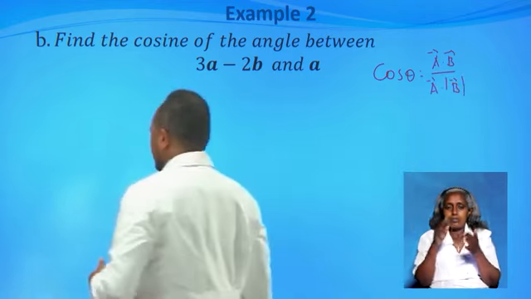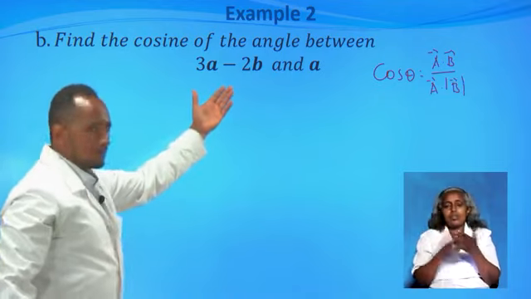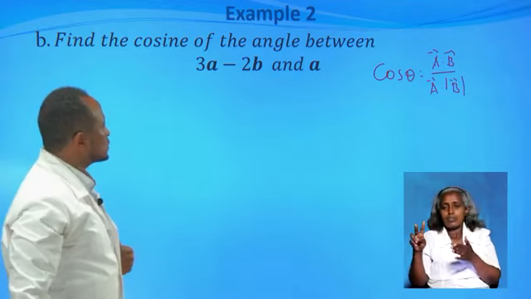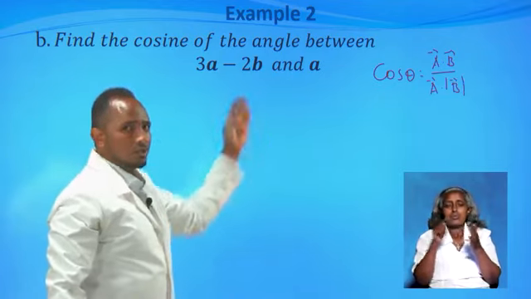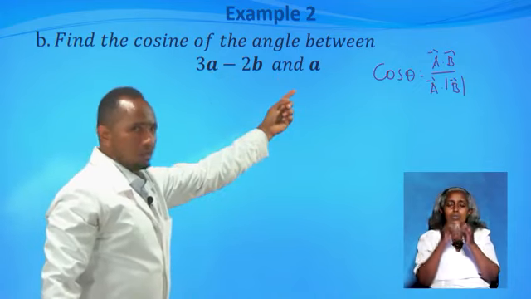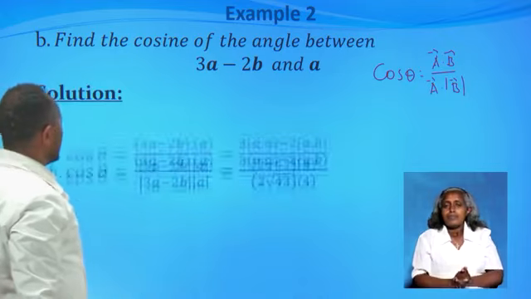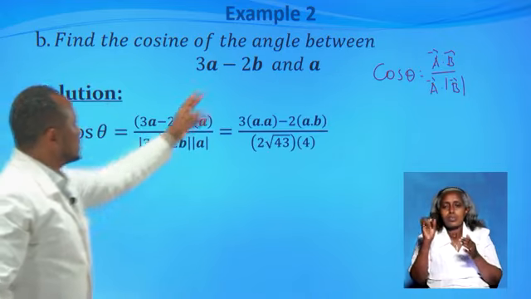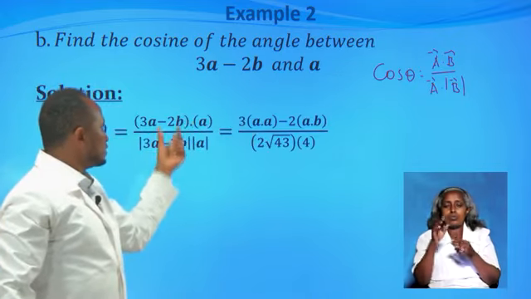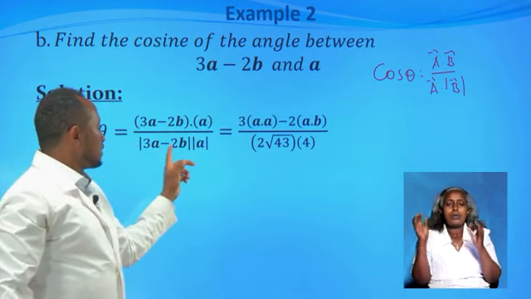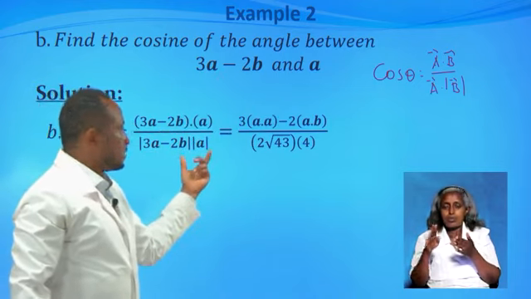So to find the angle between these two vectors, cos theta is equal to the dot product of the two divided by magnitude of 3a minus 2b times magnitude of a.